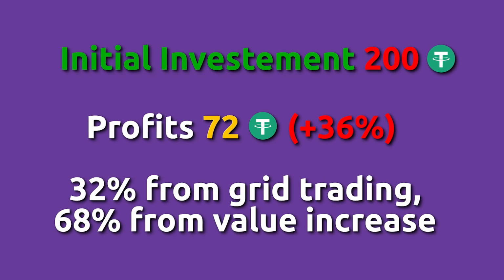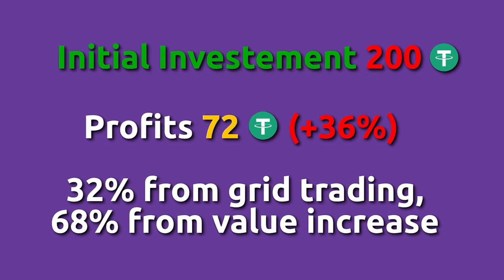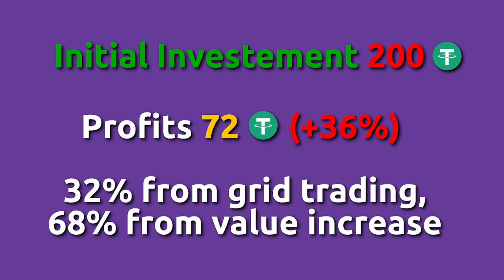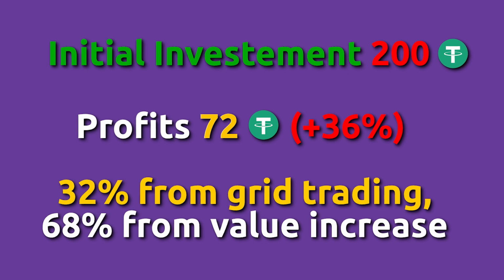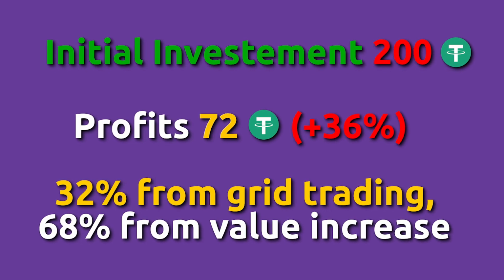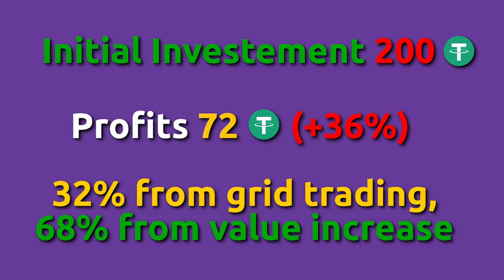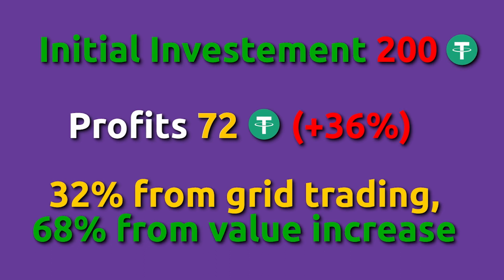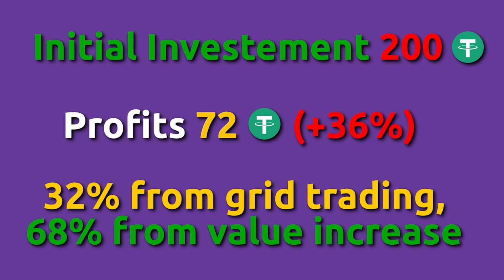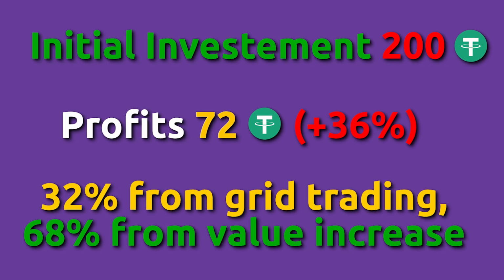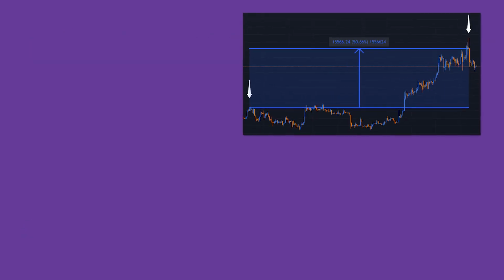Among these 72 USDT of profits, 23 were made from the grid trading. So that's only about 32% of the overall profits that were made by the actual trading strategy itself. The 68% profits were made because the BTC initial investment had its value increased thanks to the market going up on average.